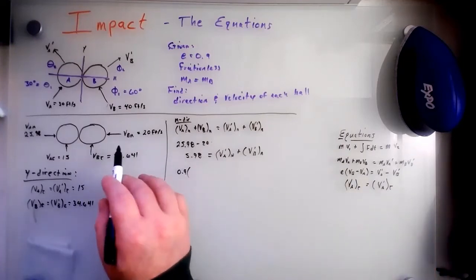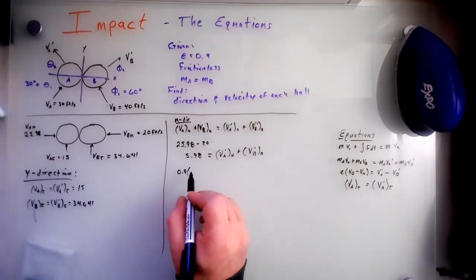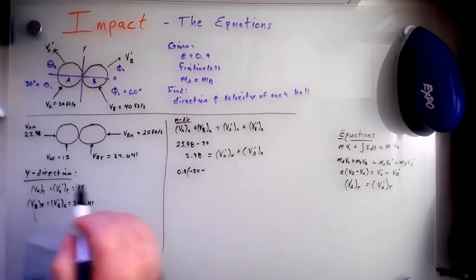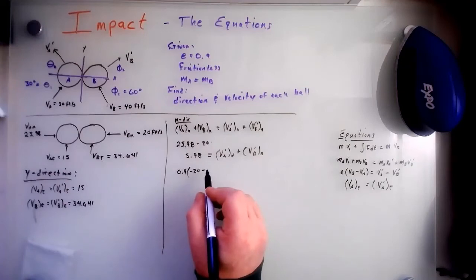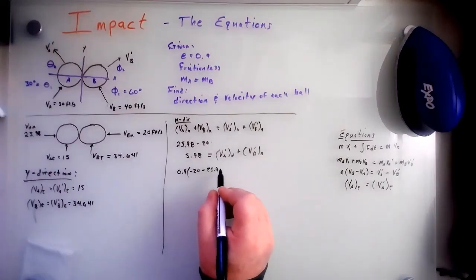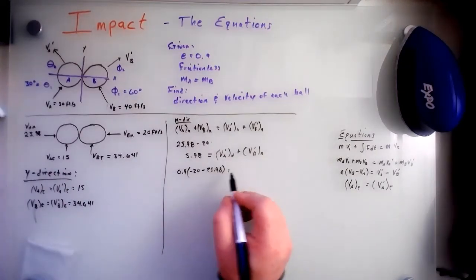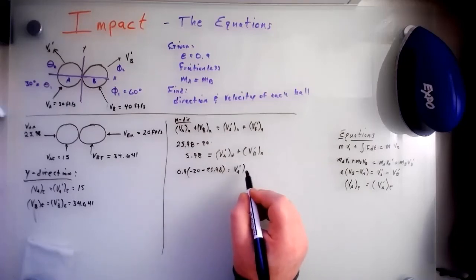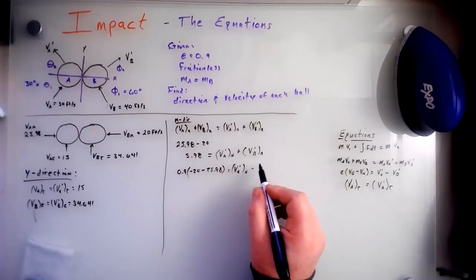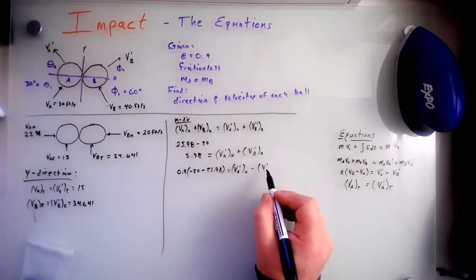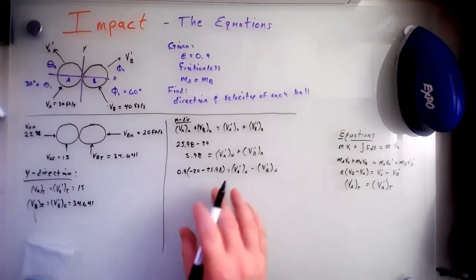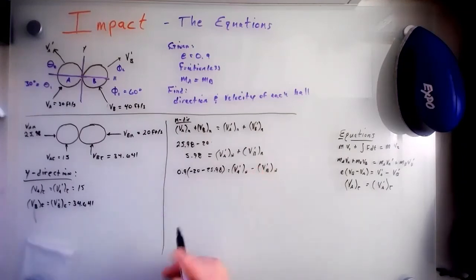So VB is minus 20 minus 25.98, right? And that's going to be equal to V prime A n minus V prime B in the normal direction, right? And the subscripts, again, that's just talking about the direction.